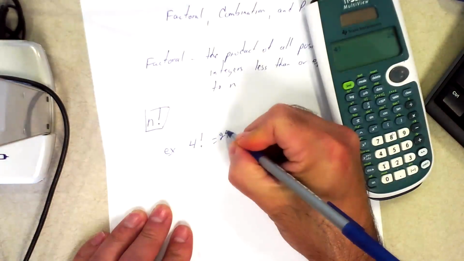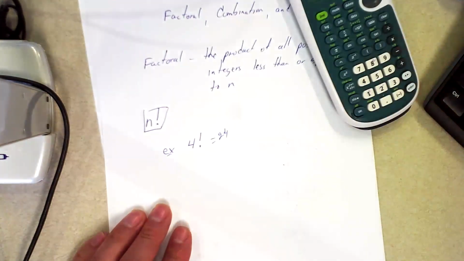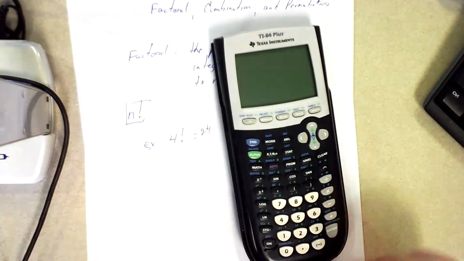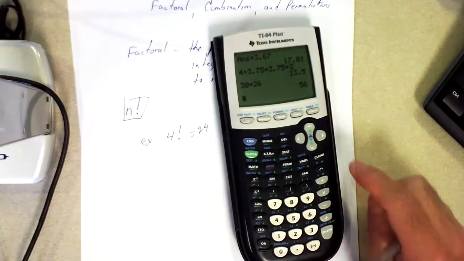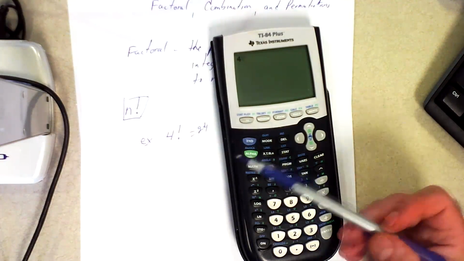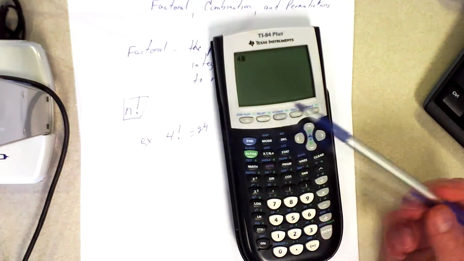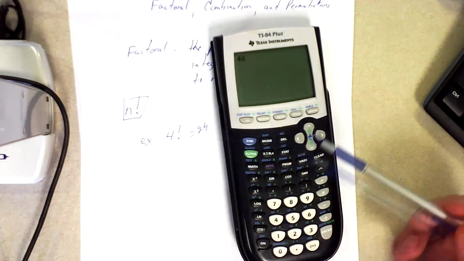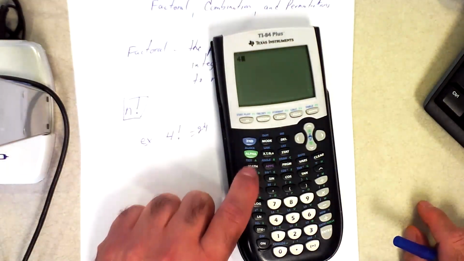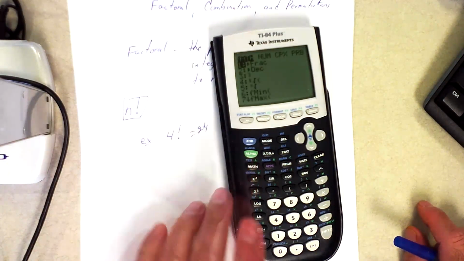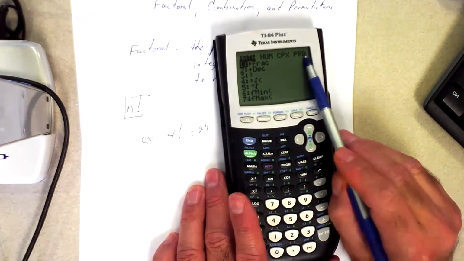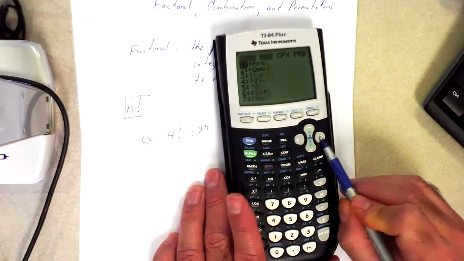If you have a graphing calculator, you pretty much do the same thing. You type in the number 4 first, then you have to find the factorial. Now this one's a little bit tricky. On a graphing calculator, you go to math, right underneath the alpha key, and move the cursor to the PRB menu, 3 spaces to the right.